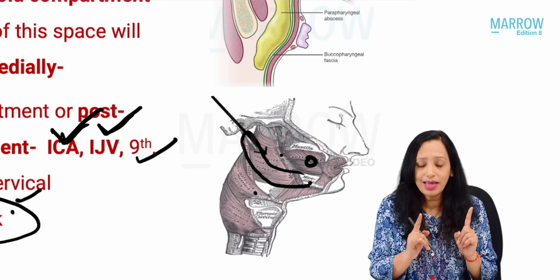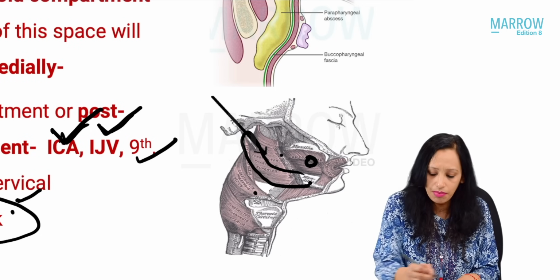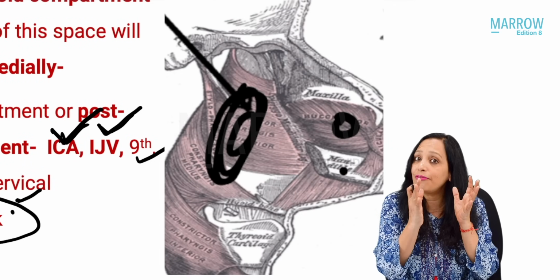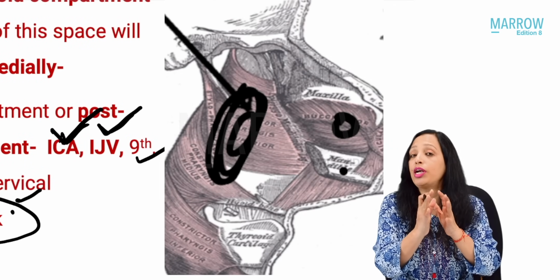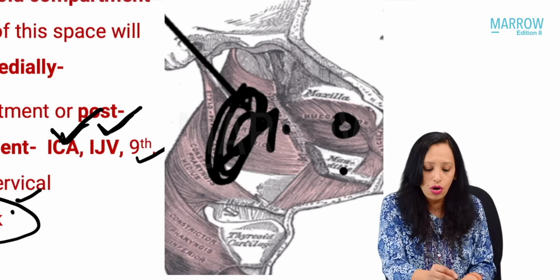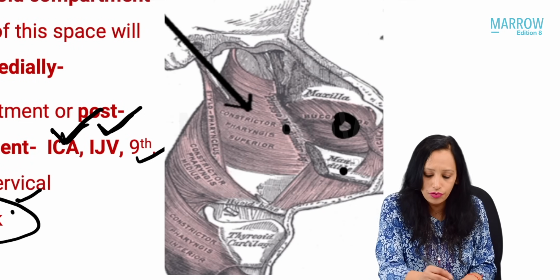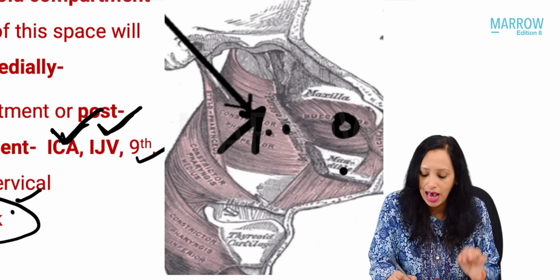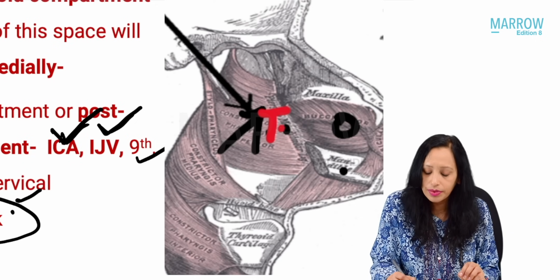Also, remember that when there is any mass here, lateral to the pharyngeal wall, if it has compactly filled this space, now it will start applying pressure on the walls. So, it will apply pressure on the lateral wall of the oropharynx, and in the lateral wall of the oropharynx, we have the tonsils. Yes or no?